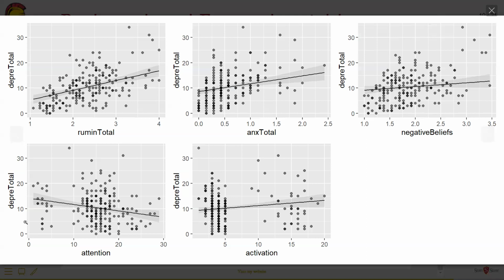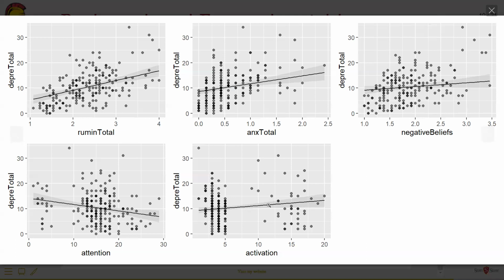I was expecting a steeper relationship, and that happens because the attention scale was garbage. The activation scale is another one that is weird because look at these values. It's more like creating groups, right? It's very discrete. That shouldn't be happening, and that's how it happened here. And the relationship is very tiny. The slope is positive, but only slightly positive.